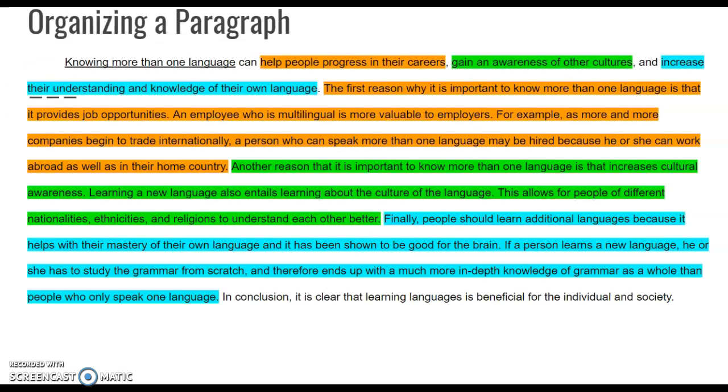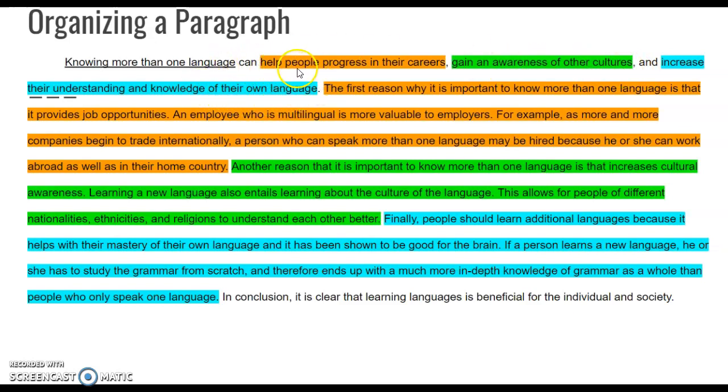Next, let's discuss the organization of a paragraph. So, we've talked about the three parts and the order of those three parts: the topic sentence, the body, and the concluding sentence. But even within the paragraph, there are ways that you need to organize the paragraph. So if we take a look at this topic sentence again, we see that we have three controlling ideas: help people progress in their careers, gain an awareness of other cultures, and increase their understanding and knowledge of their own language.